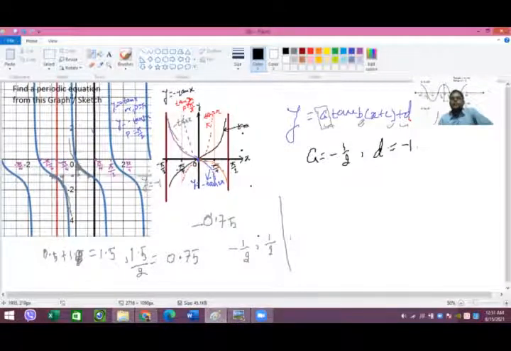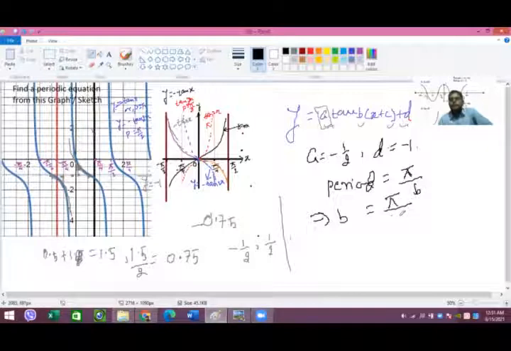Now we are concerned with finding the value of B. You can see that the value of B will give the period for the given tan curve over here. The period of the tan function is pi, but if there is a coefficient with x, then that will be divided by B. So here you can see that B will be given, after cross multiplication, by the period.